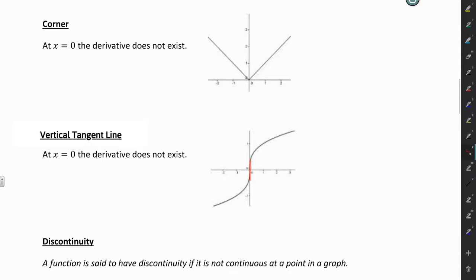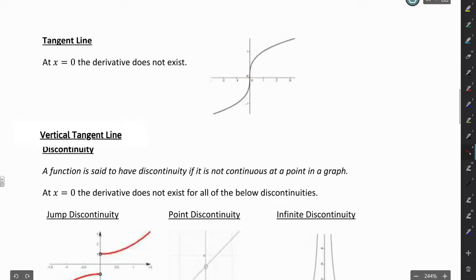The slope of a horizontal line is 0, but the slope of a vertical line is undefined. So at x equals 0, precisely on this graph, the derivative does not exist. Now the derivative exists elsewhere on the graph. We have a derivative here, here, and here, right? But it doesn't exist precisely at 0.